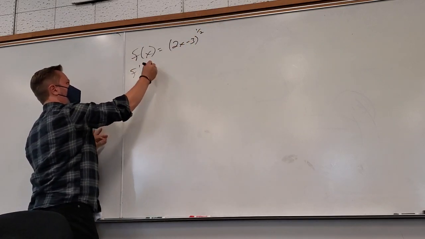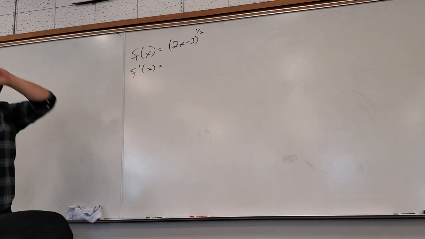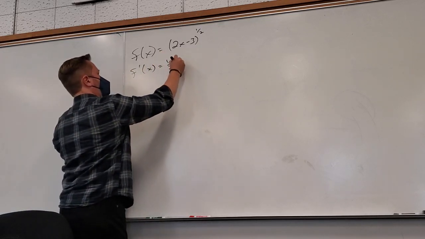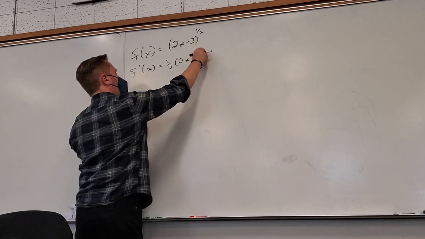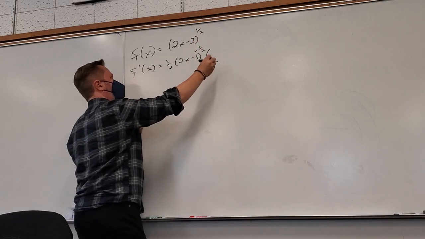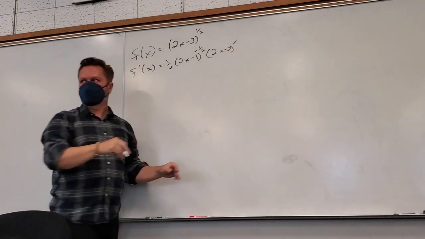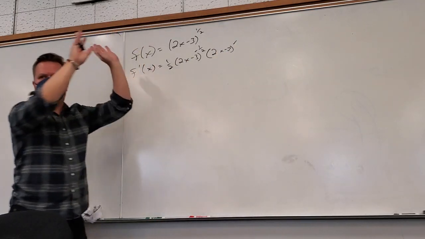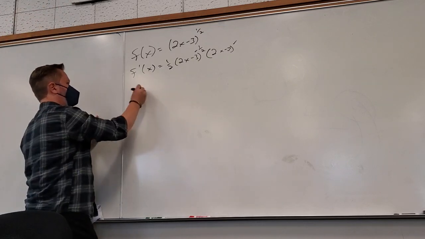What would the derivative of that be? Yeah, good. The derivative of this, right? Blah, blah, blah. I don't care about the blah, blah, blah, right? There's more work for that, but I don't care. That's the point. What if I had this?